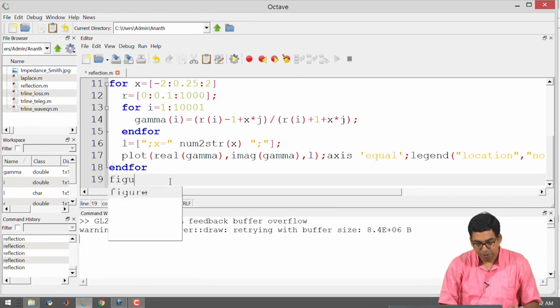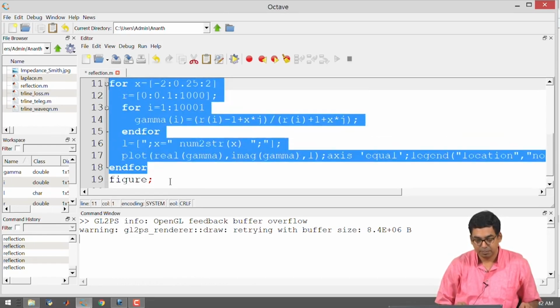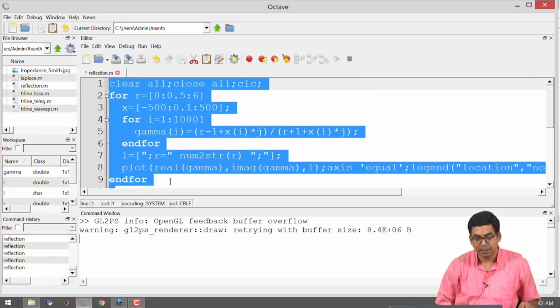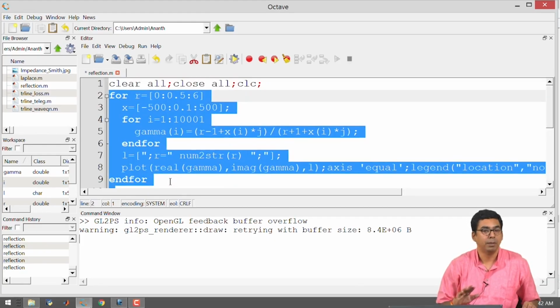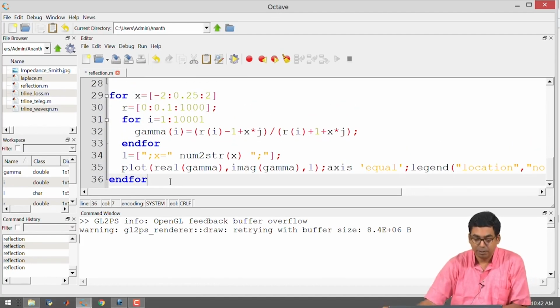I will create a new figure for doing this. All I will do now is copy the previous code entirely and start replacing R with G, and I will do some manipulation so that I can get the expression that I have, right.